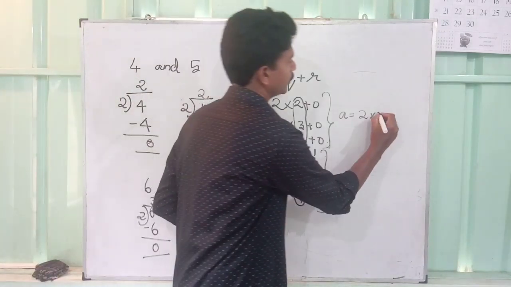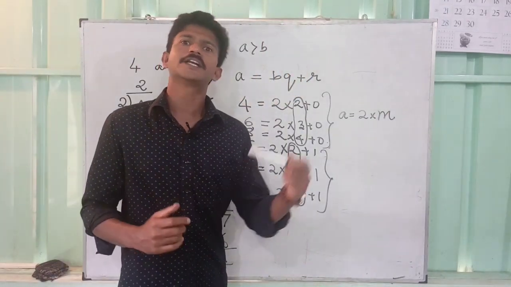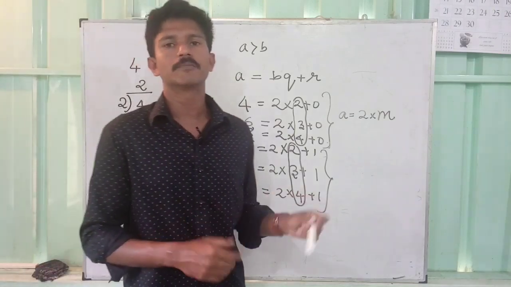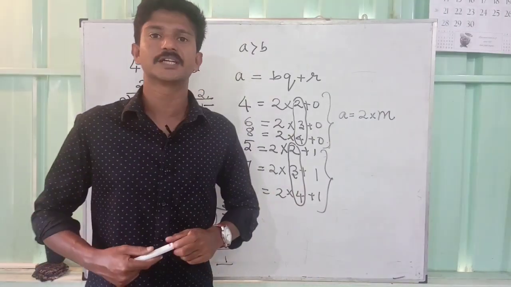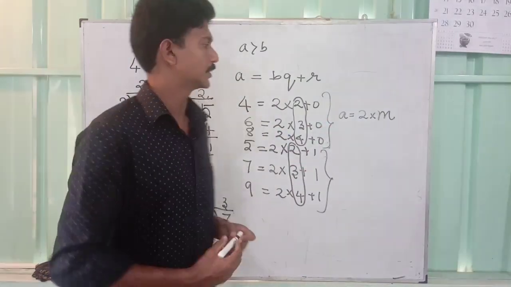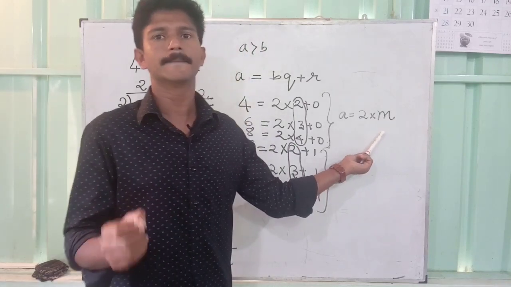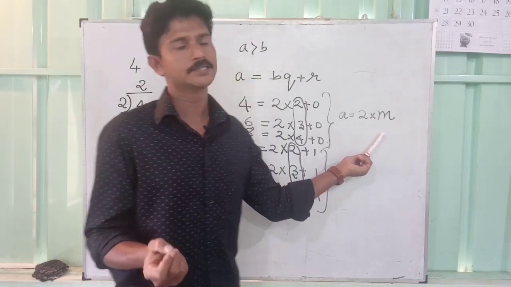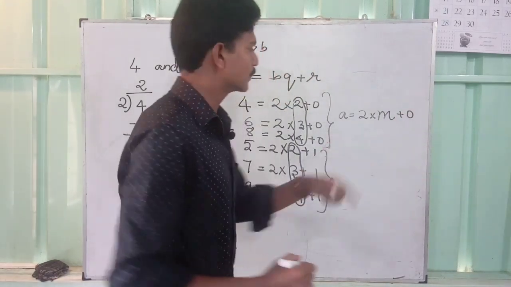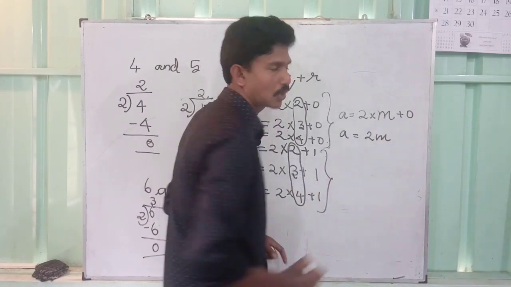So we can write a variable here as m. Why m? We can write any alphabet from A to Z, but it's a common practice in Euclid's division lemma to use m or q as a quotient. Then plus 0. Since it is 0, we can avoid it. So we can write 2 into m as 2m in short.